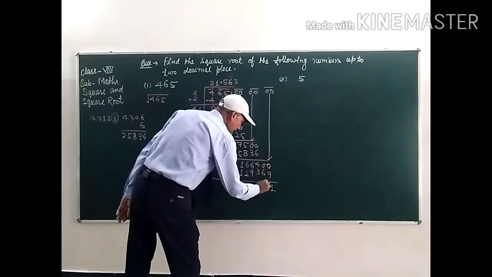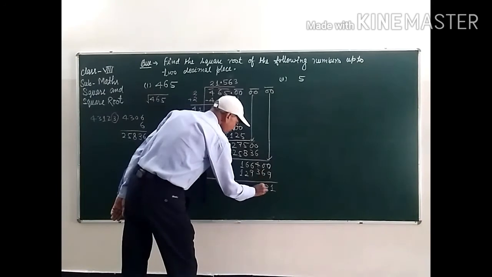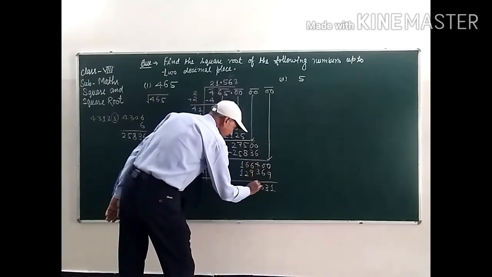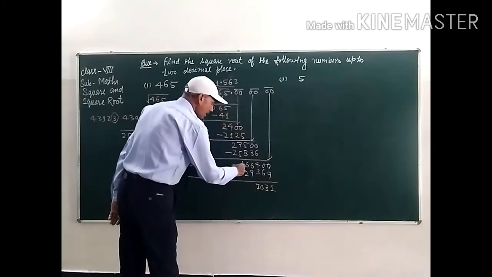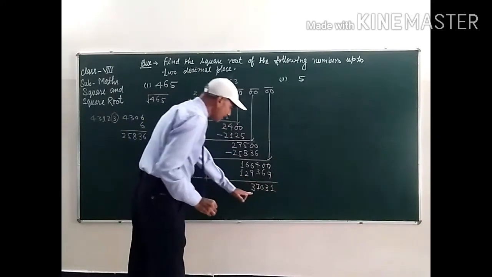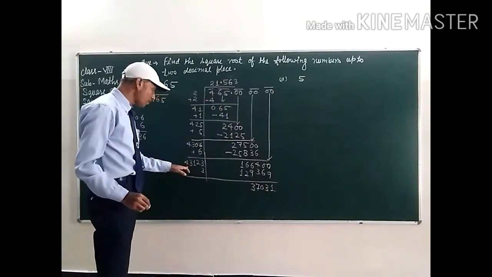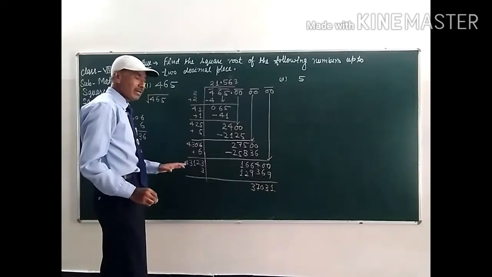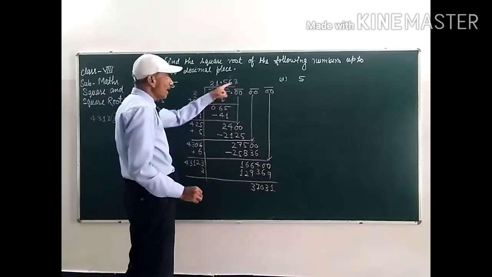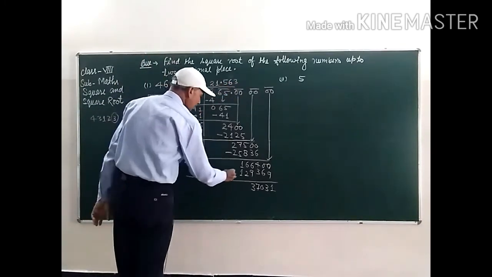Now this one 0, and 16 minus 9, that is 7, and 5 minus 2 is 3, 37,031, but this number was 43,123. So this was greater, so we have to take only 3 times. Okay students, so this is correct.